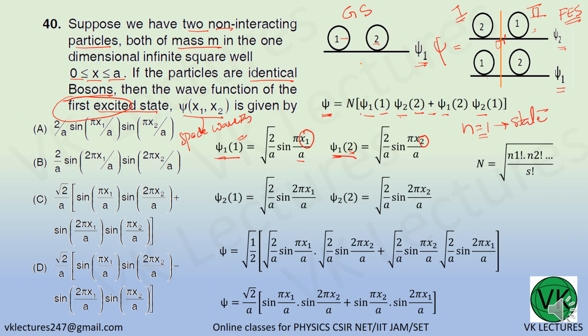Now psi 2 of 1 is under root 2 by a sine 2 pi x1 by a. Why 2 pi x1 by a? Because it is state 2. We know for a one dimensional box it is under root 2 by length of the box into sine n pi x by a, where a is the length of the box and n is the state.